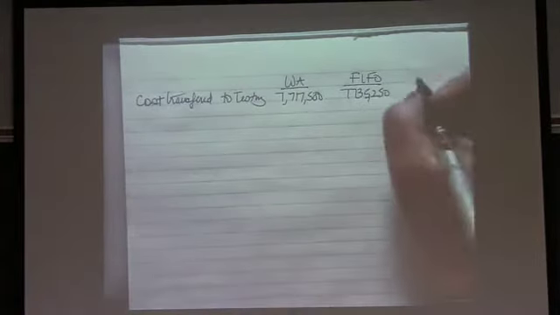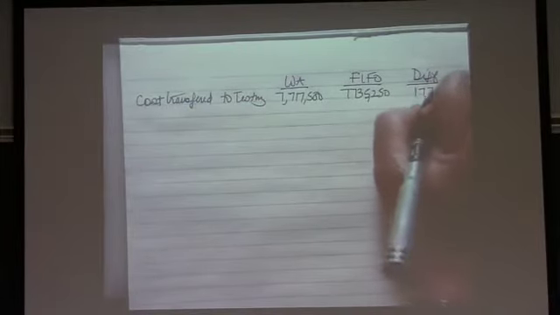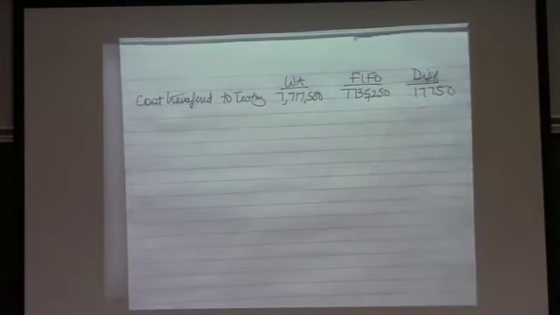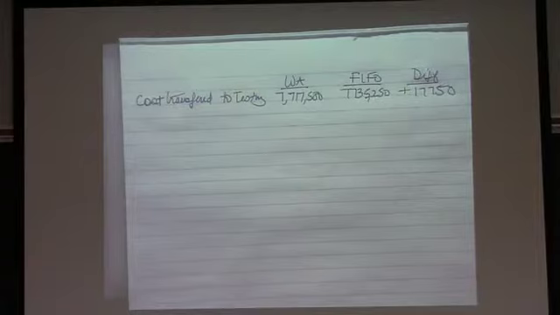And the difference is 17,750. So FIFO is higher. Now that to me means that the cost of direct material per unit and the conversion cost must be lower in the month of October than it was for the month of September, prior months.